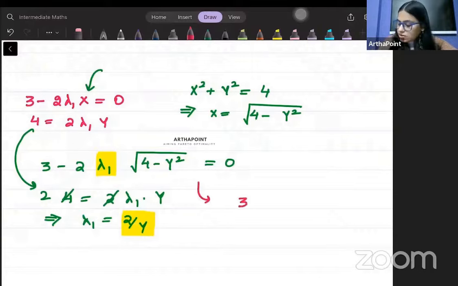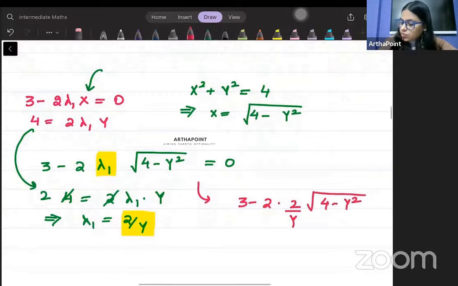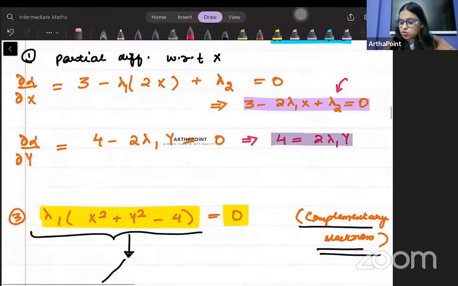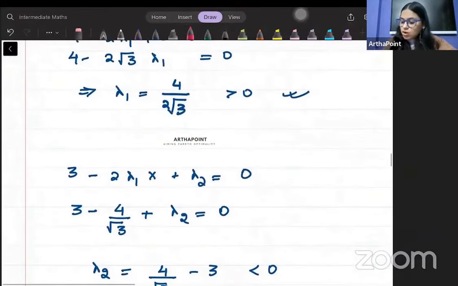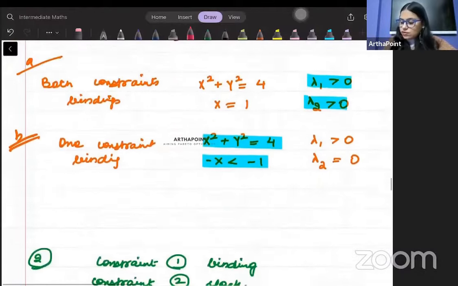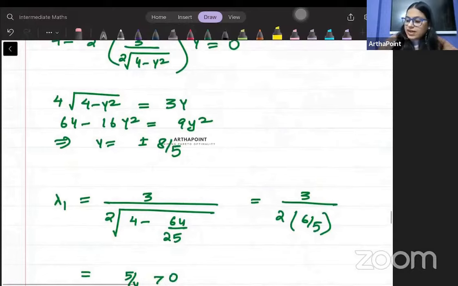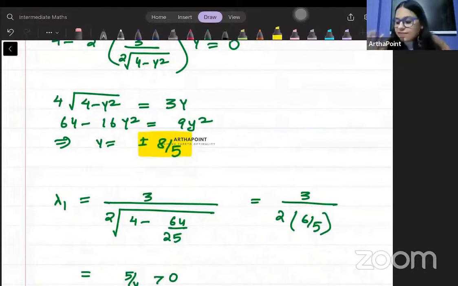I will get 3 minus 2 into 2 by y, 4 minus y square under root is equal to 0. ठीक है. Just solve this equation. So I am just leaving it up to you. I will give you the answer when you solve this equation. Then beta you will get the value of y as plus minus 8 by 5. ये आंसर आपका y का आ जाएगा इसको solve करके.